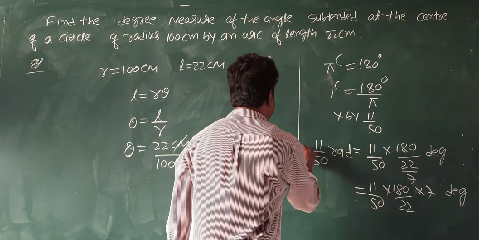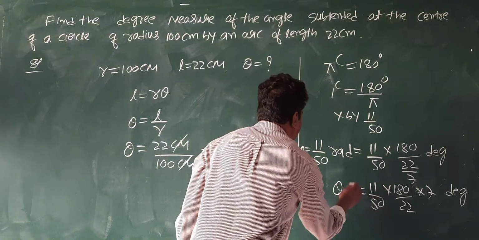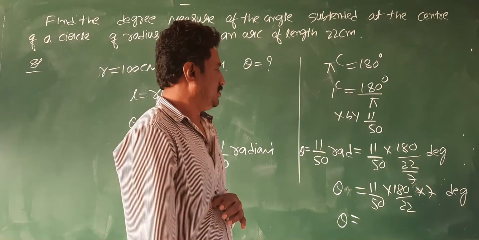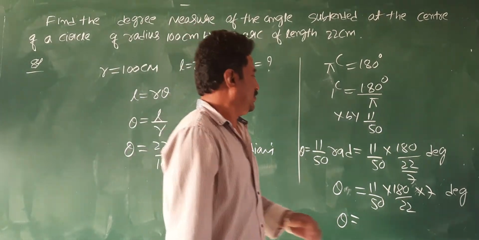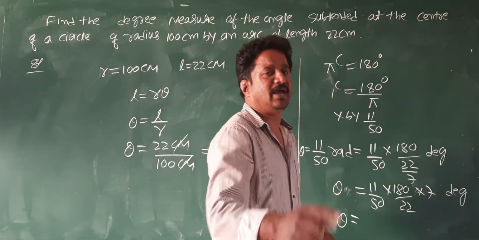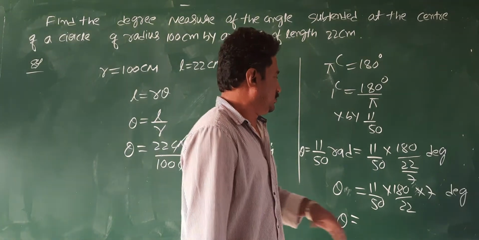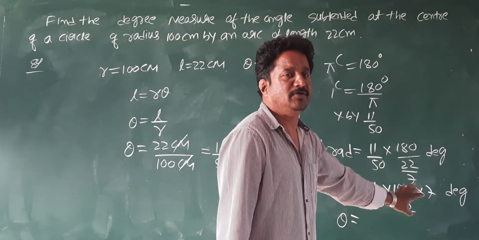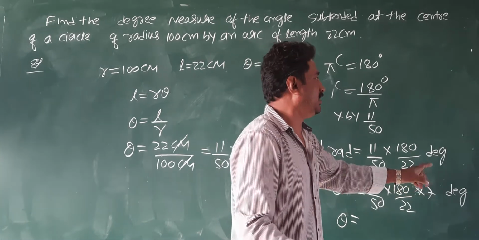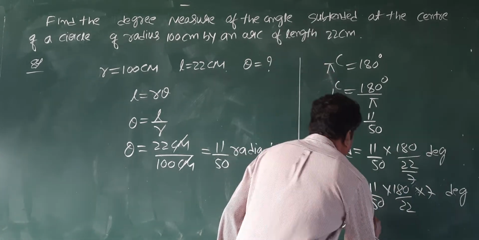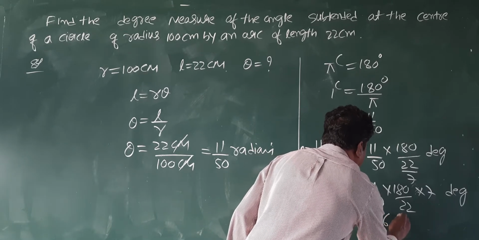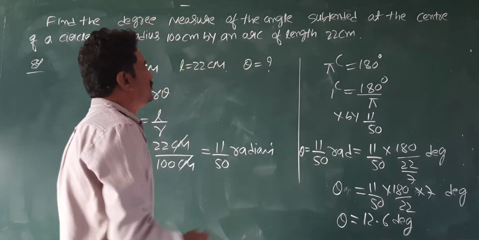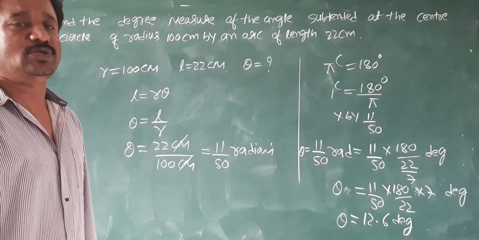Theta value: students, simplify this using your calculator. Multiply numerators and multiply denominators, then divide. You are going to get 12.6 degrees. So write 12.6 degrees. I hope you understood this, students.